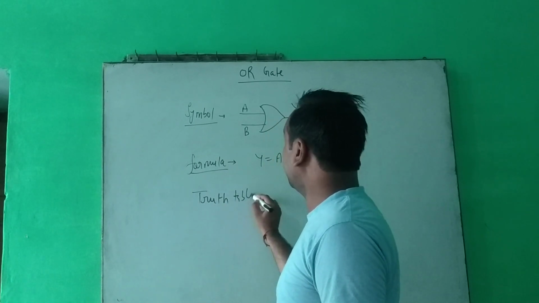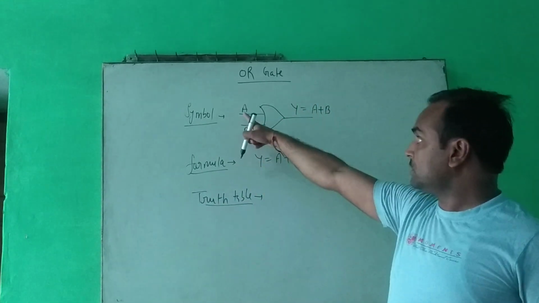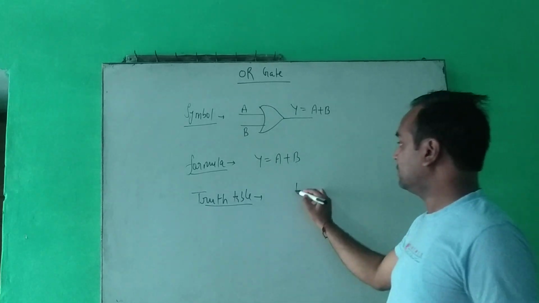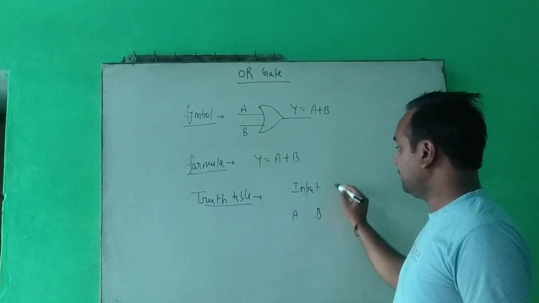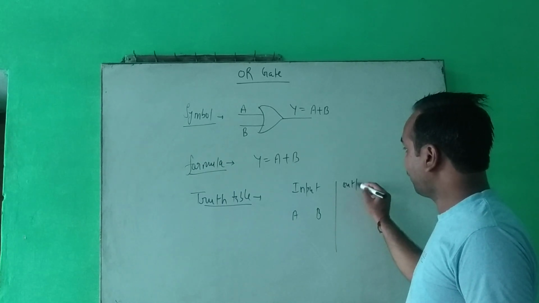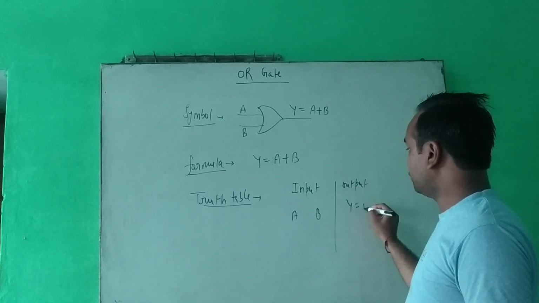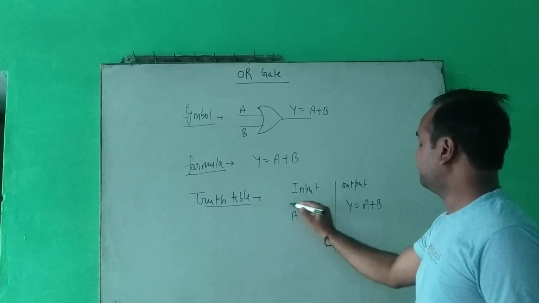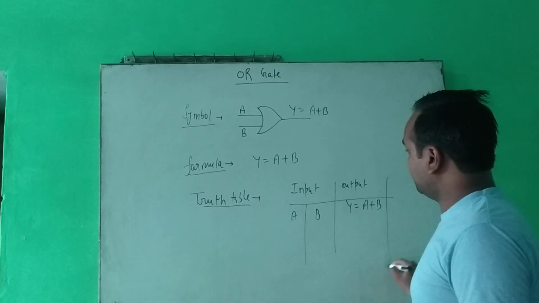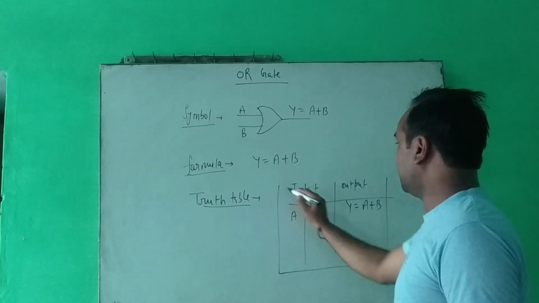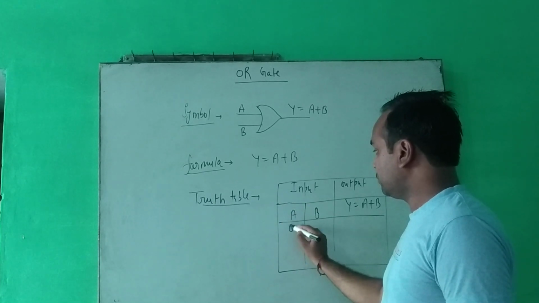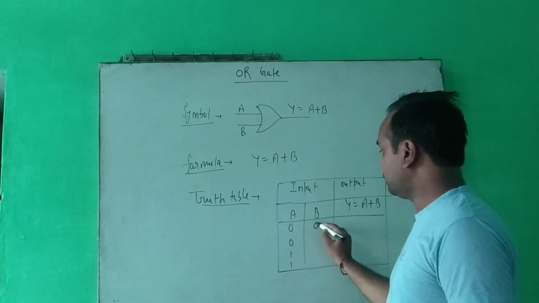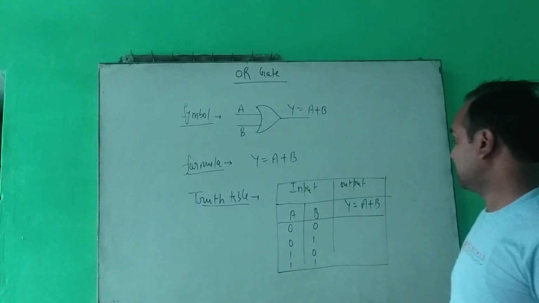Truth table. We are taking here two inputs, that is A and B. So the inputs will be A, B, and output is Y equal to A plus B. So we are creating here the truth table of OR gate: 0 0 1 1, 0 1 0 1.